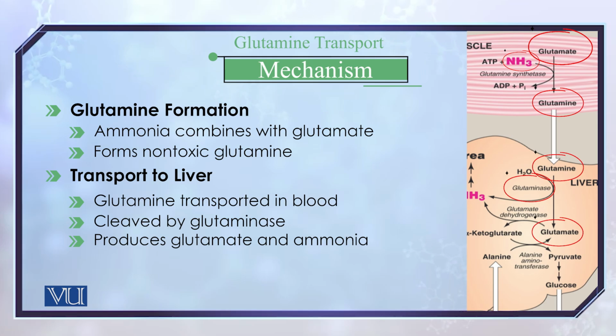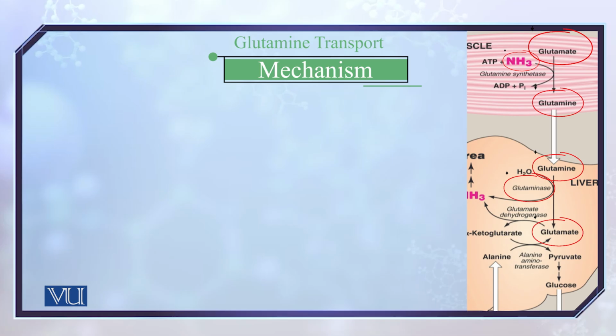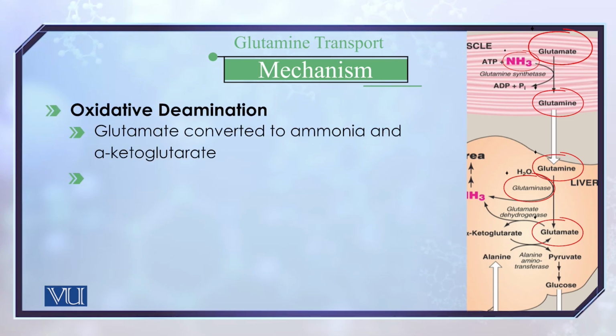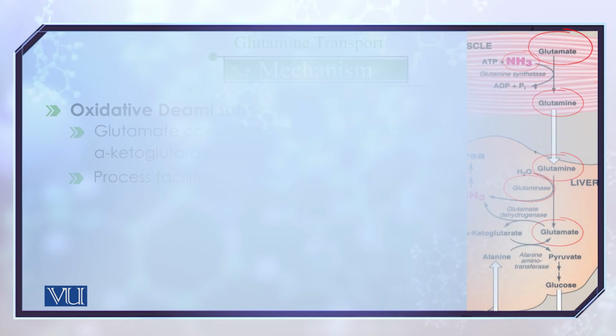In this way, the conversion of glutamate into glutamine prevents the body from the harmful effect while ammonia has to move from the different body parts, specifically from the skeletal muscles, towards the liver.